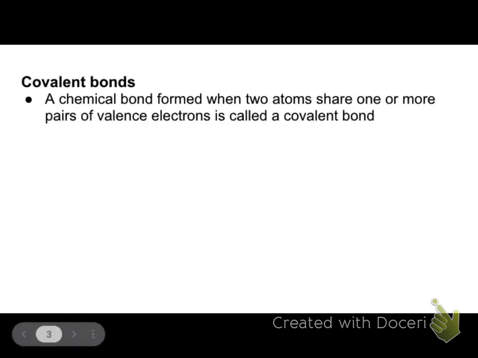A chemical bond that is formed when two atoms share one or more pairs of valence electrons is called a covalent bond. So, in the bond we just discussed, where they're sharing electrons, that is a covalent bond.